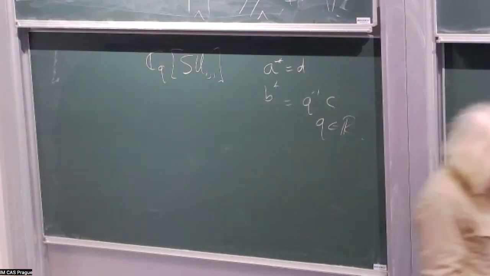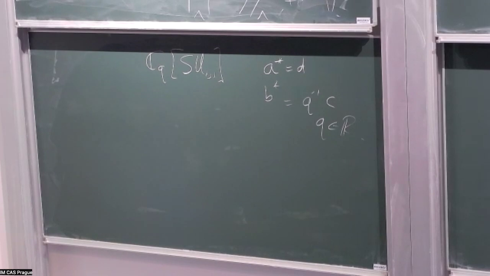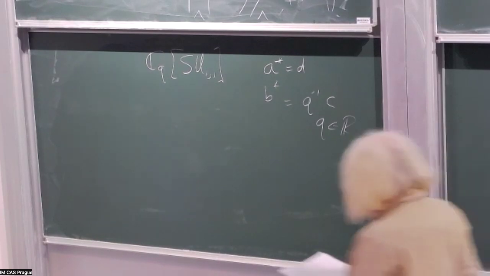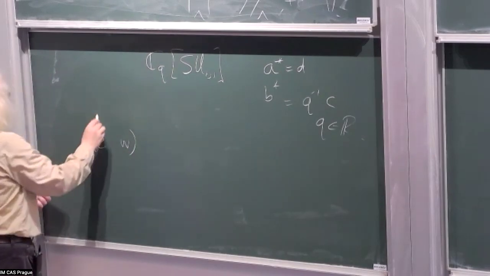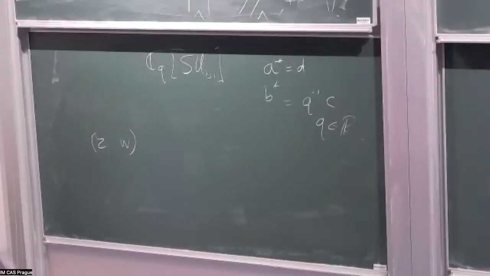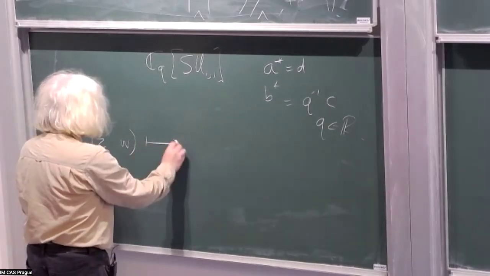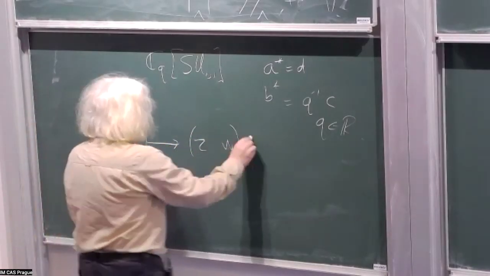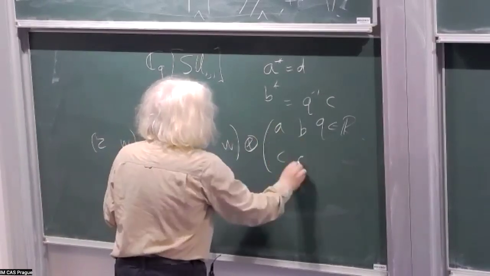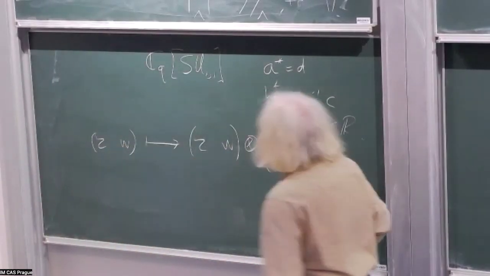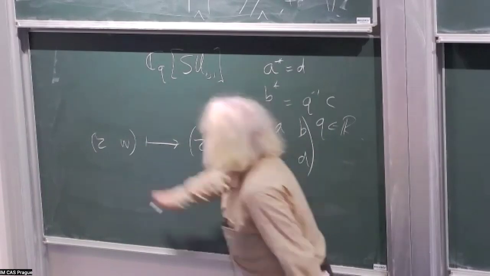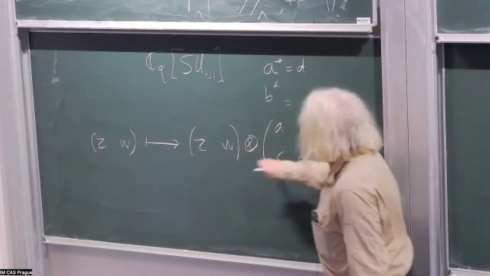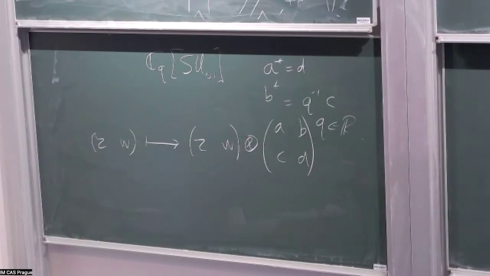Okay, so what I'd like to do is to take B, which is generated by, well, in 2 dimensions, generated by Z and W. And I'd like to take the coaction, so coaction on Z is Z tensor A plus W tensor C and so on.